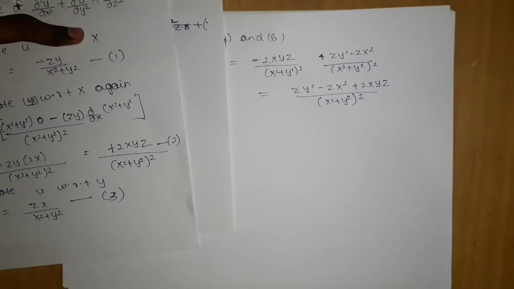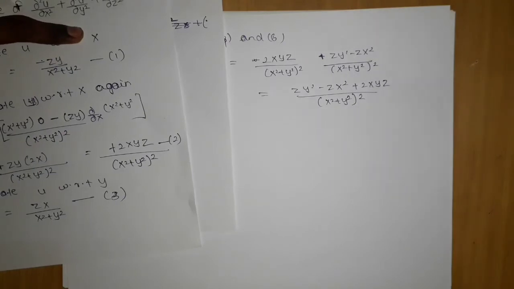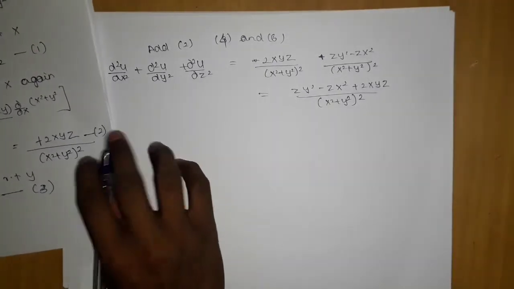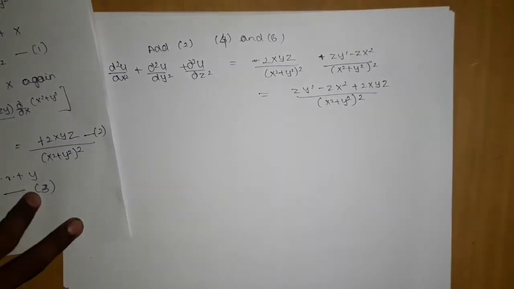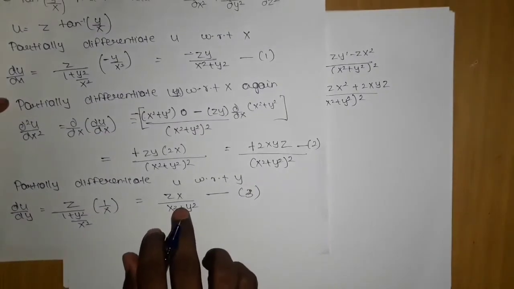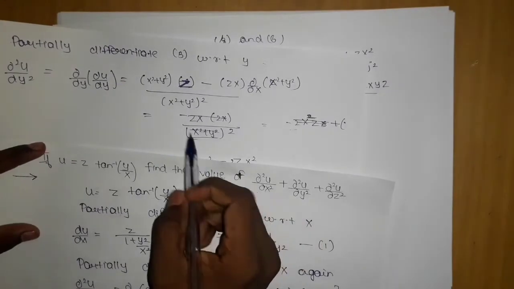Now if we take z common, I am going to be left with x square minus x square plus y square plus 2xy. Okay, something is going wrong. Let me check again. Here we got it with respect to x. Here the sign is, everything is perfect.